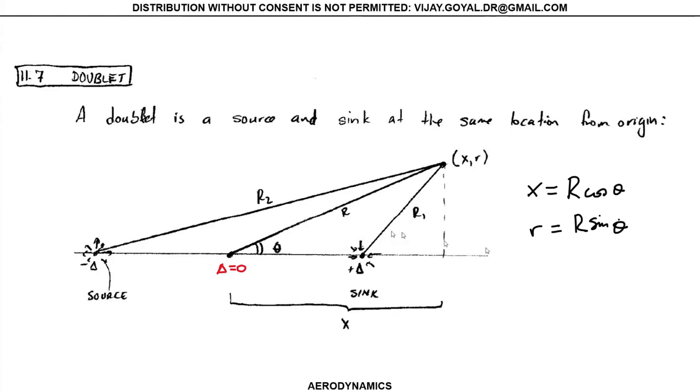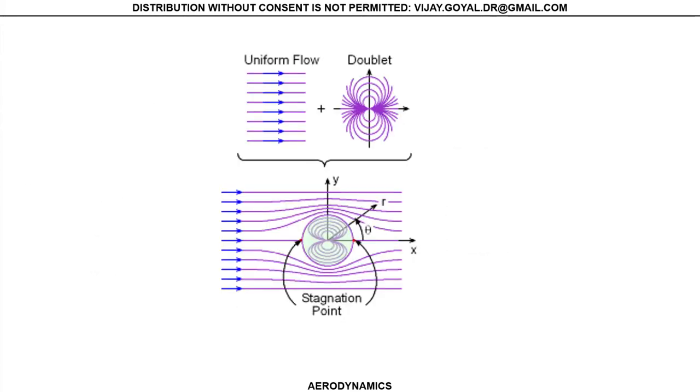Basically, the idea behind this is if I take just the uniform flow and the doublet, I add them up, what I'm really doing is analyzing what happens to a circle or a cylinder, if you want, in 3 dimensions, or a sphere. If it's an axisymmetric problem, then this is a sphere and not a cylinder. So this is what we want to analyze, and we're going to do that by taking the uniform flow plus the doublet, and we will study what happens to it.